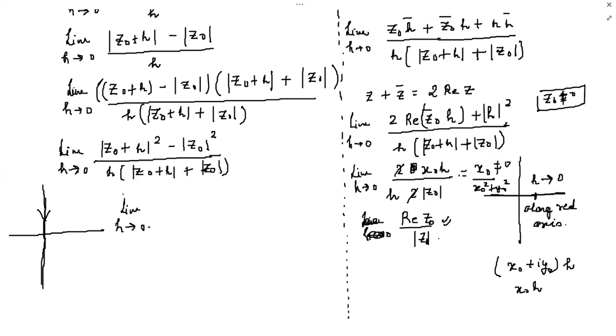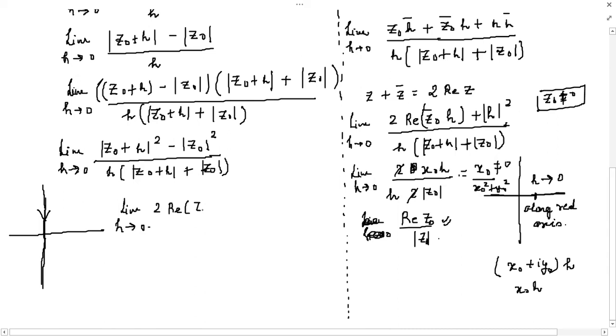Here I know it is already 2 times real part of z naught bar and h plus h modulus square. I'm just writing this portion only. Now I'm approaching along the y-axis, that is the imaginary axis, divided by h into modulus of z naught plus h plus modulus of z naught.